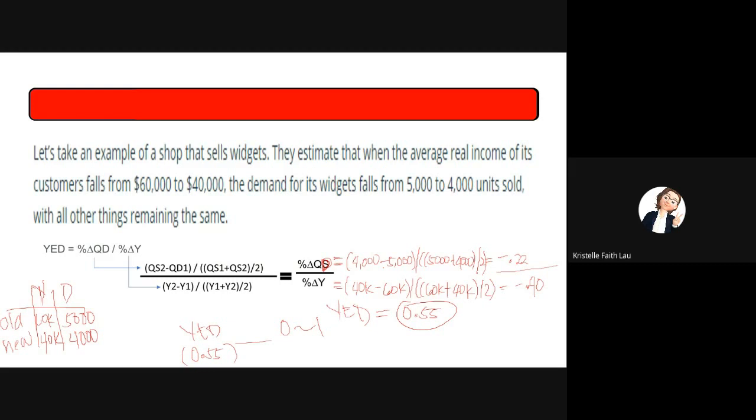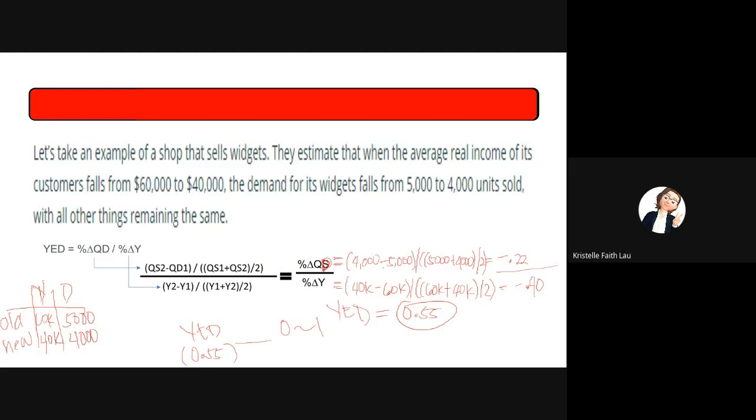So when your income increases, you buy better quality goods and so buy less of the low quality goods. Pero if ang YED natin is greater than 0, it is interpreted as normal goods. While if ang YED natin is greater than 1, it is interpreted as luxury goods.